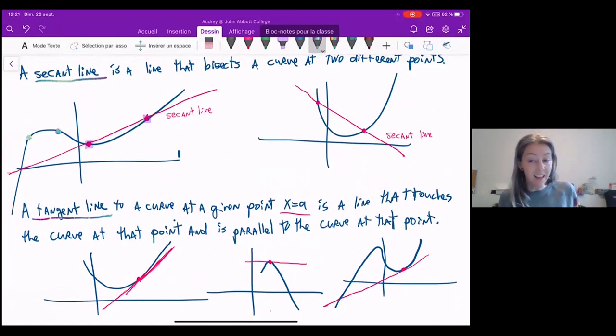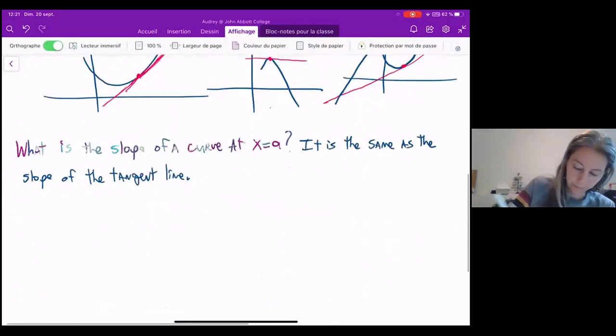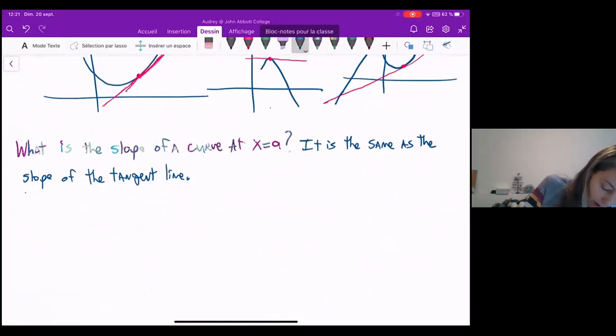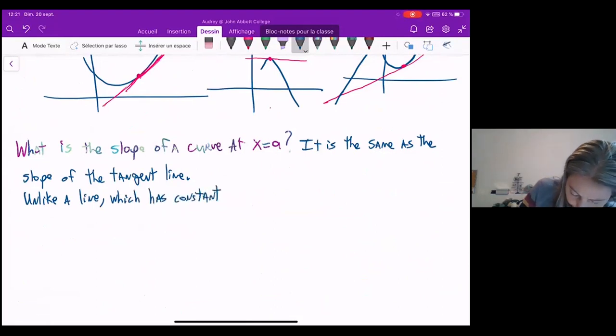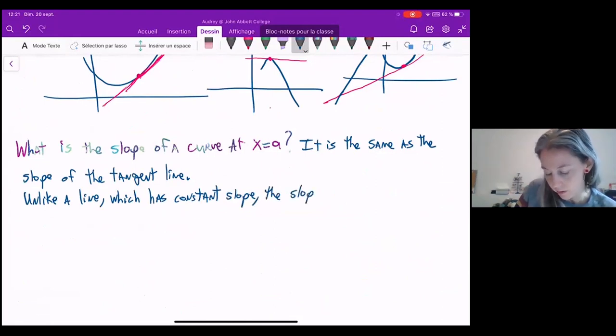So unlike a line, where the slope is constant and that rise over run stays the same for the whole length of the line, the slope of a curve is constantly changing.